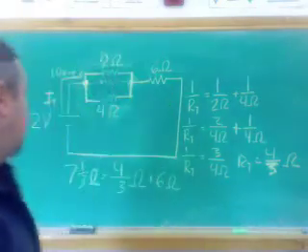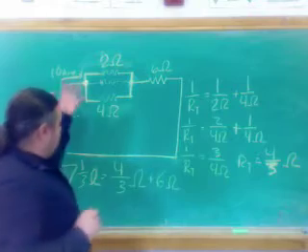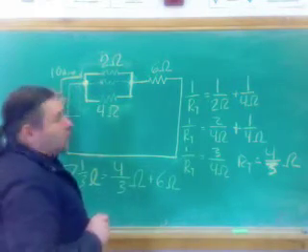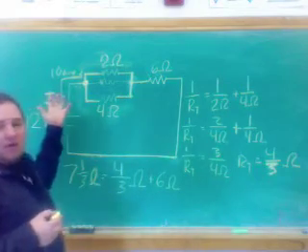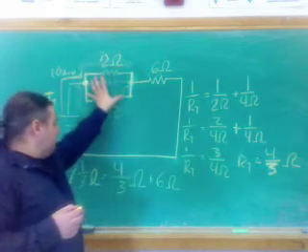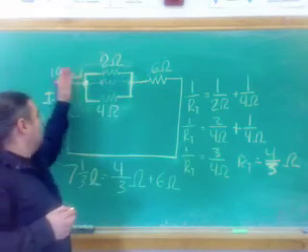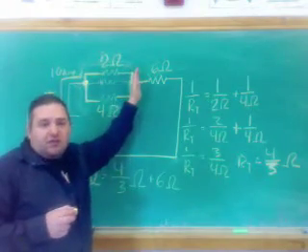Now, if you look at that, I have my voltage, I have my total resistance, I can quickly find my total current. Go back in the previous movies if you need help on that. And then at that point, I have a parallel section with current flowing through it, with a potential difference.